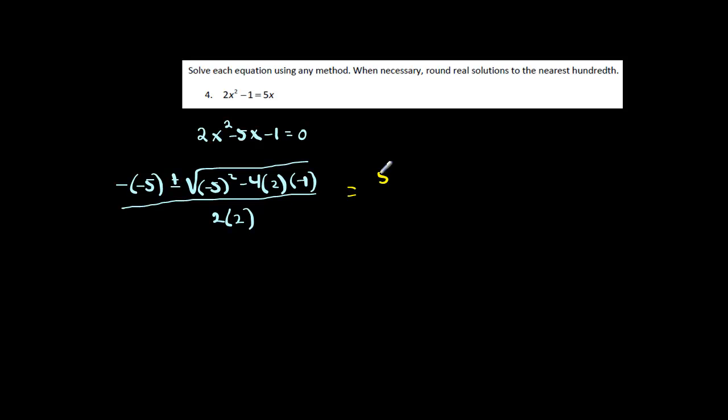Opposite of negative 5 is 5. Negative 5 squared is 25. A negative times a positive times a negative is a positive. 4 times 2 times 1 is 8. So we're going to have 33 here, all over 4. And that's your answer.